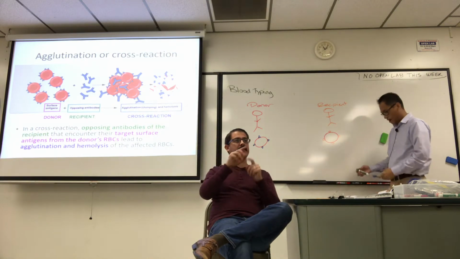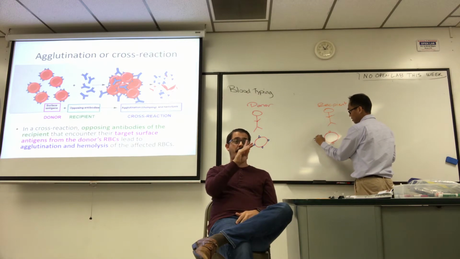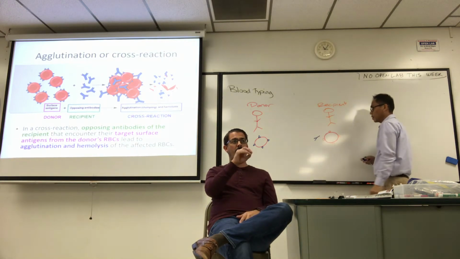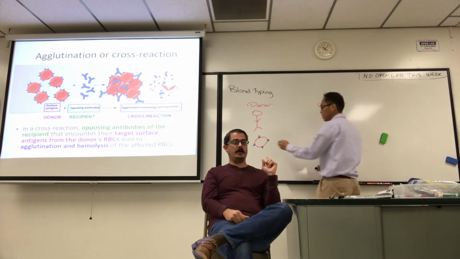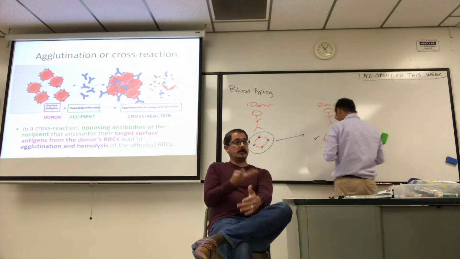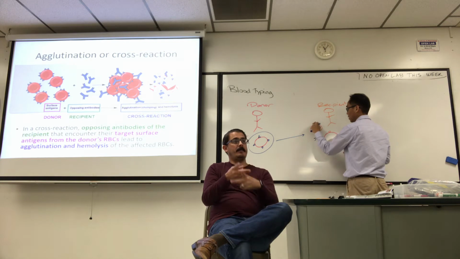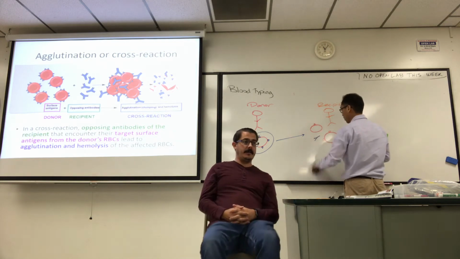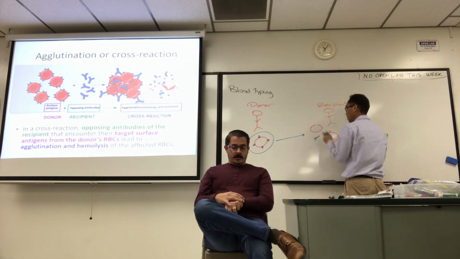But maybe they do have an antibody profile that includes one that will attack this blood. So if this blood from the donor is then infused in the recipient, this different blood type, let me use the same color, blue triangles.